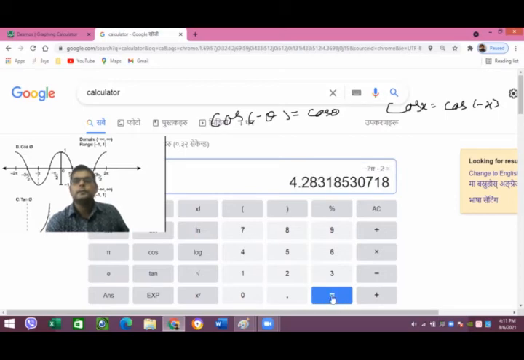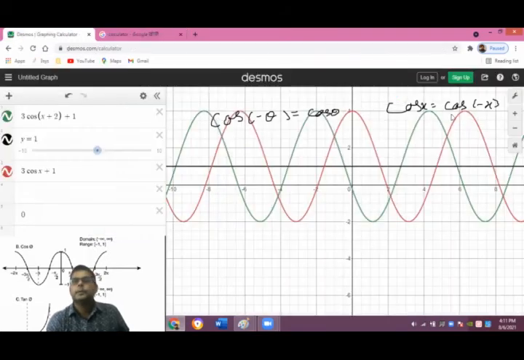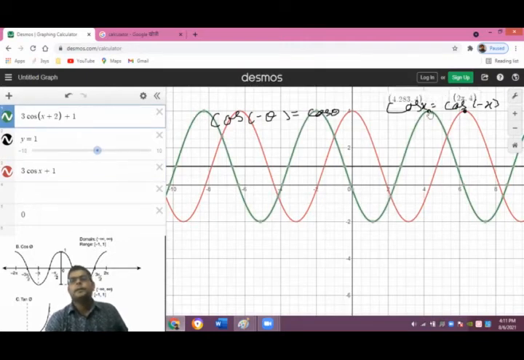So this value is 4.28. So you can see over here, between these two, this is for the original graph, this is 2 pi and -2 is 4.283 up to 3 decimal places. All right. So in this way, we can do the similar work by hand also in the way that I had done for the sine equation.